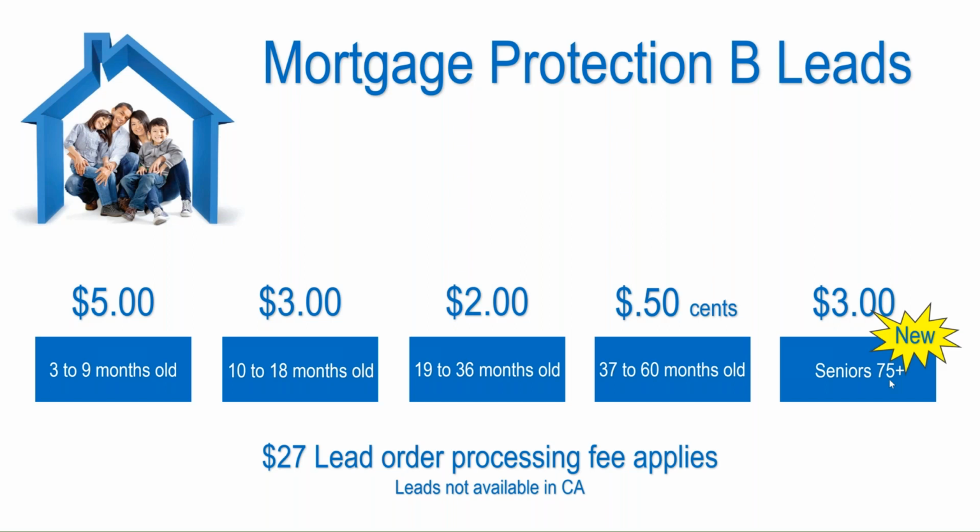Here's the funny thing, Jimmy, is that these leads, these Senior Plus leads, you would think that a lot of the mortgages would be smaller mortgages. It was like the opposite. I think the average mortgage that I saw on the form was like $300,000.